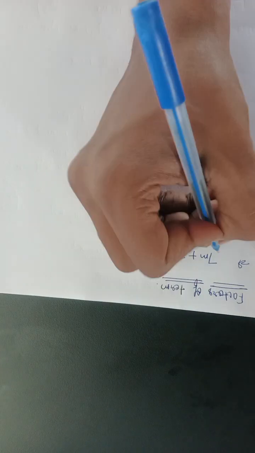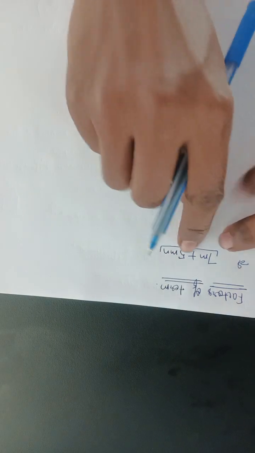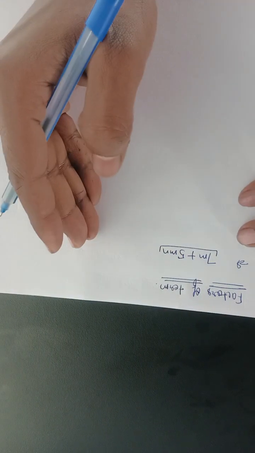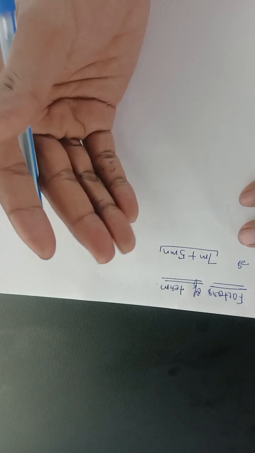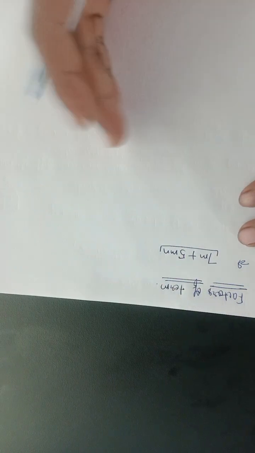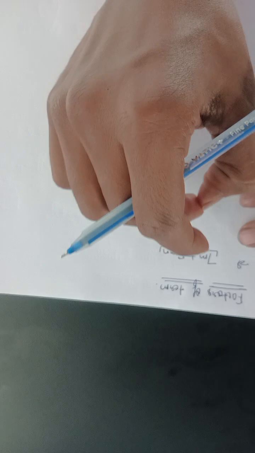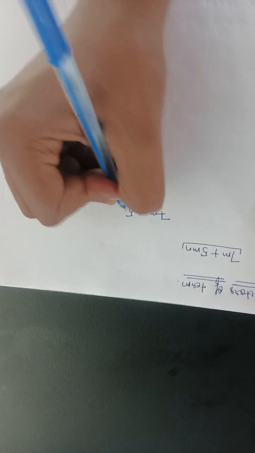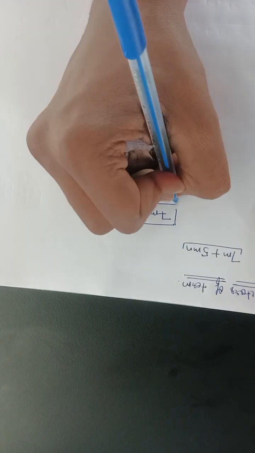It means this is an algebraic expression; when we separate it, we get terms, and when we separate those terms again into constant and variable, we get the factors. Suppose it is 7m plus 5mn, this is an expression.